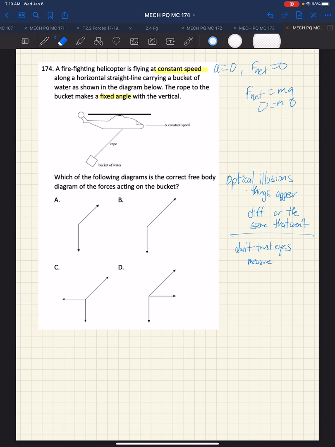Okay, so because they're at angles, we need to take a look at the components of those vectors. If we look at choice A, and B, and C, and D, we can see that there are all these forces, including the force of gravity, the weight of the bucket. And there is definitely this tension on the cable.